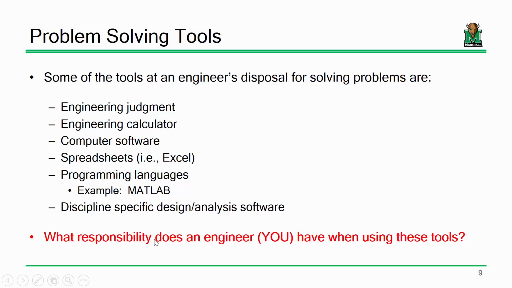So what responsibility does an engineer have when using these tools? Well, one of the responsibilities is to know their limitations so that you don't use a tool outside of an environment where it's meant to be used. I've talked a little bit earlier today about hydrology, the study of rainfall and runoff.